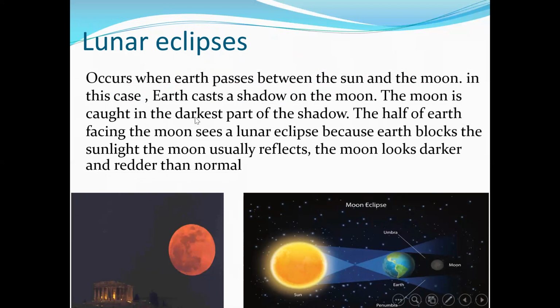The Moon is caught in the darkest part of the shadow here. People on this half of Earth facing the Moon see a lunar eclipse because Earth blocks the sunlight the Moon usually reflects. The Moon looks darker and redder than normal. So people here in the umbra will see the Moon red and darker.